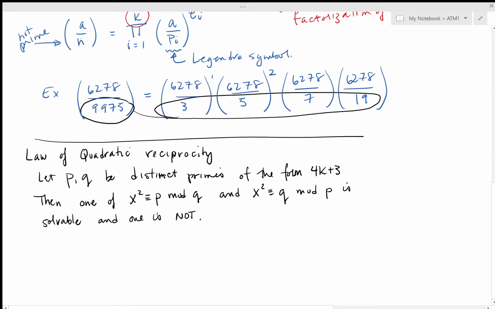Okay, let's just pause here for a sec. Actually, I'm going to get the rest of the definition out, and then we're going to go through it carefully, making sure we can understand what this is saying.